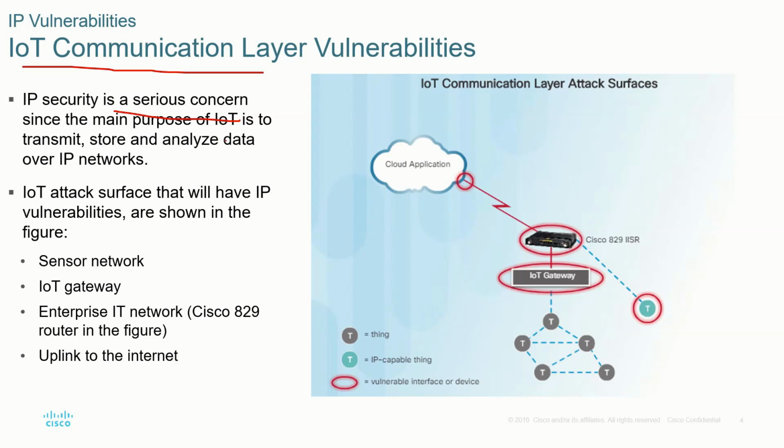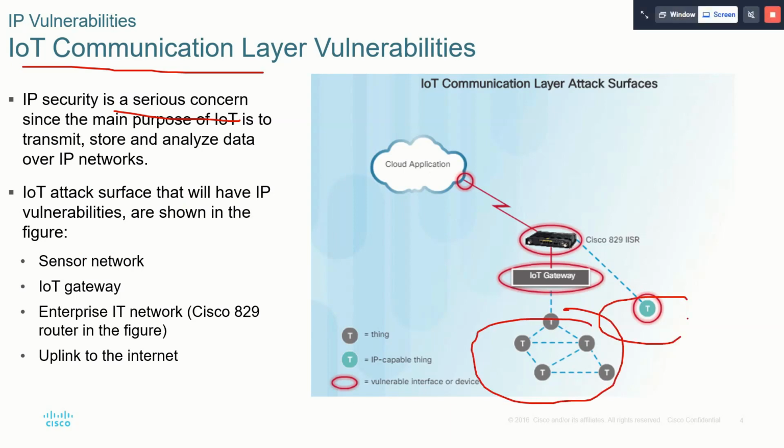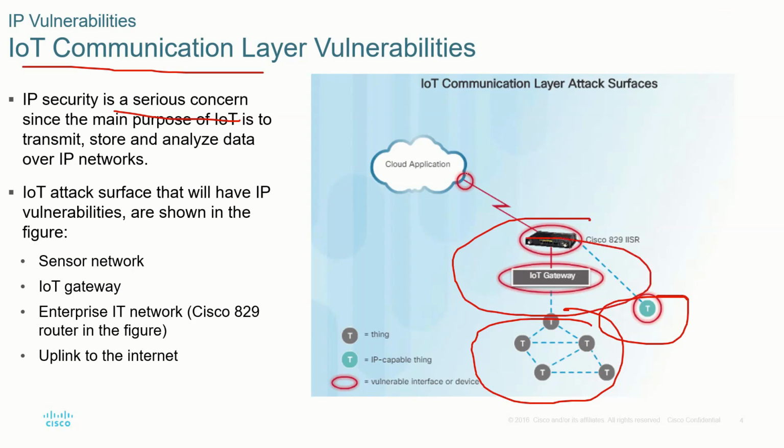Then we talk about security of Internet of Things. The two main parts are the thing part, which is all this T and this D, and then the gateway that connects you to the internet. Those are your attack surfaces that will have IP vulnerabilities.